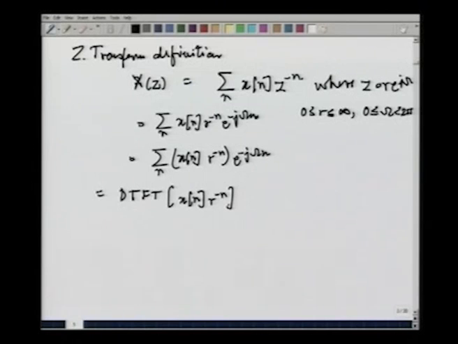This is what we said when we claimed that even if x[n] does not have a DTFT, x[n] r to the minus n, the modified function, might have a DTFT. So, the modification is being carried out by means of a multiplication with a real exponential.